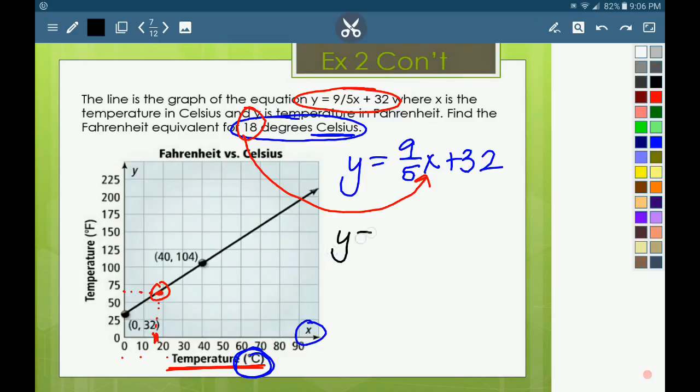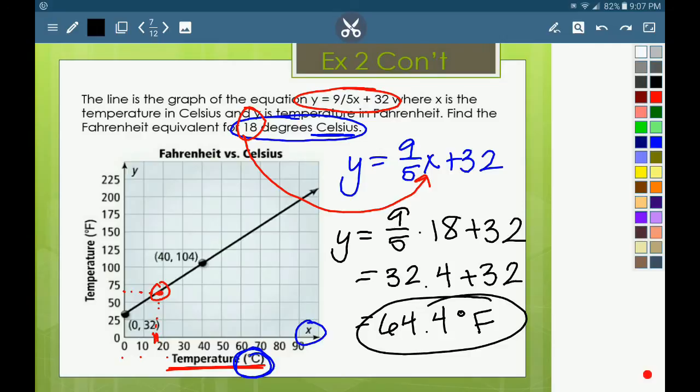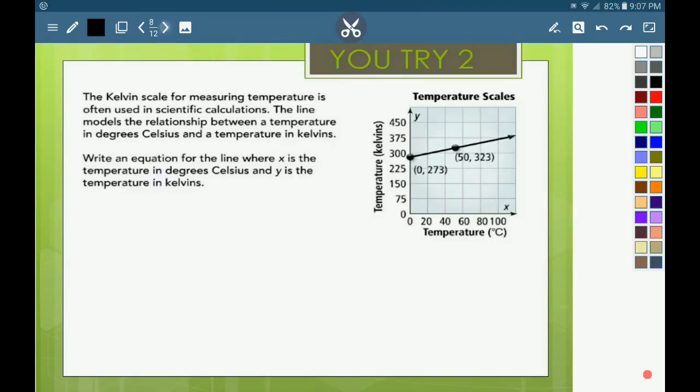So y equals 9/5 times 18 plus 32. I'm going to do 9/5 in my calculator times 18. That gives me 32.4. We still have to add 32 to it. 32.4 plus 32 is going to be 64.4 degrees Fahrenheit. So when it's 18 degrees Celsius, it's 64.4 degrees Fahrenheit. Let's have you guys give this a try.